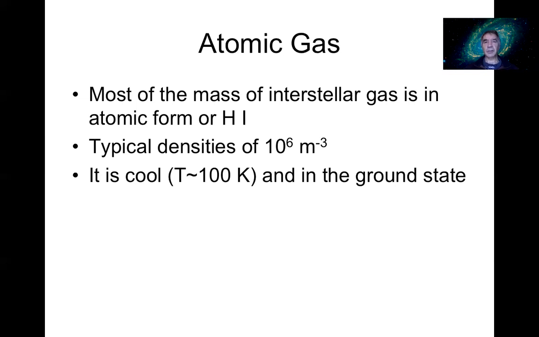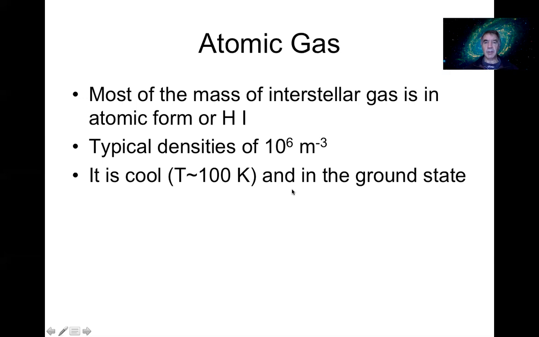The radiation is not strong enough. The general radiation of background starlight is not very intense in interstellar space. So there's not very much heating of the gas, and therefore it is much cooler. A typical temperature for this interstellar atomic hydrogen gas is around 100 Kelvin.